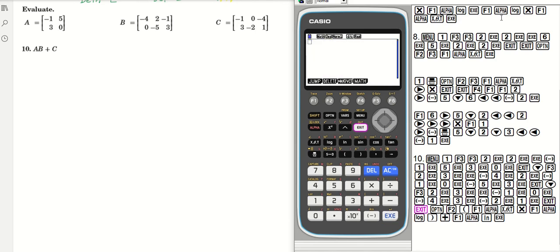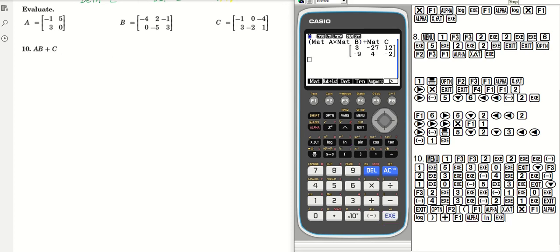Let's apply the operation. First, we need to go to Option, press Matrix, and then press alpha A for matrix A, then multiply by matrix B, then close the grouping symbol, then plus matrix C. Okay, execute.